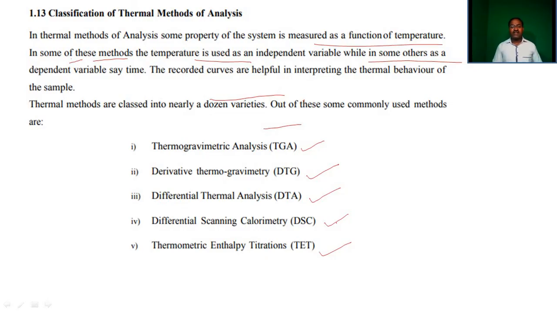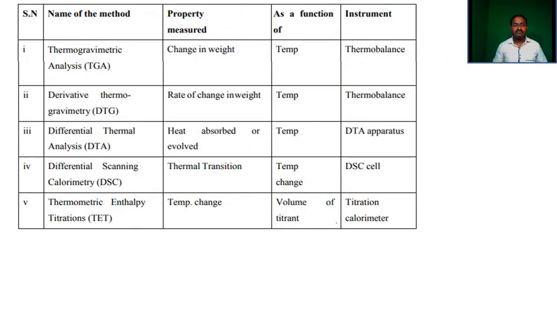These are all the techniques coming under thermal methods of analysis. In this table, we mention the name of the method, what properties are measured, and what the functions and instruments are.